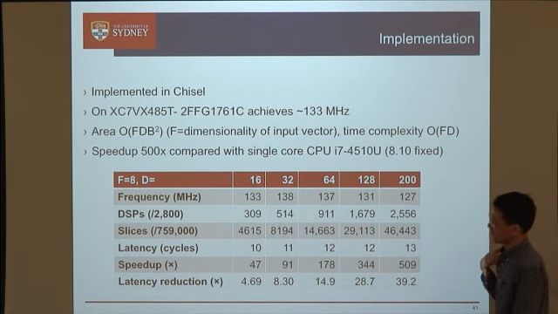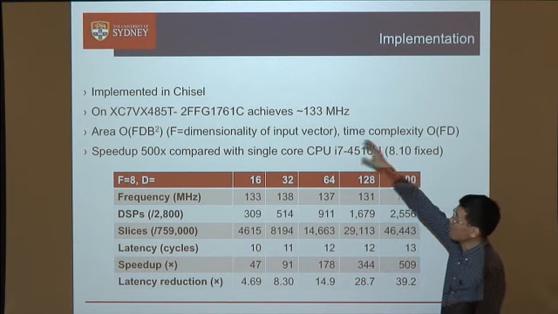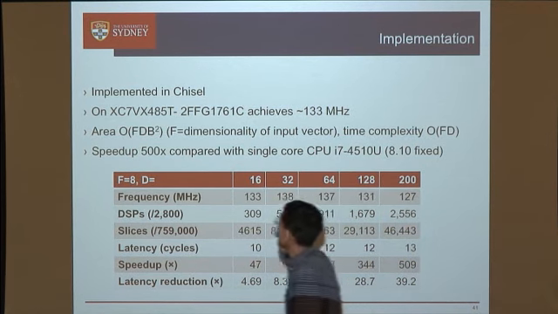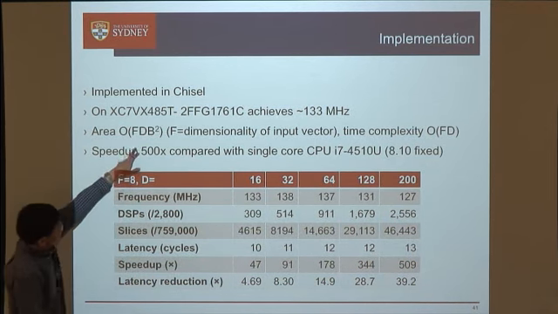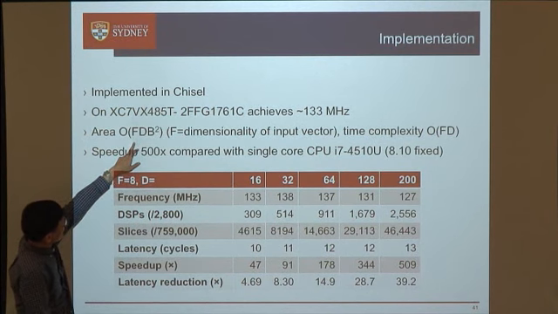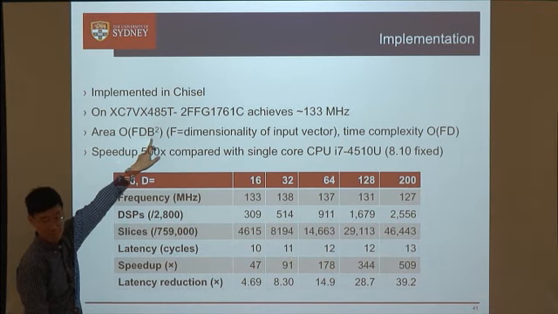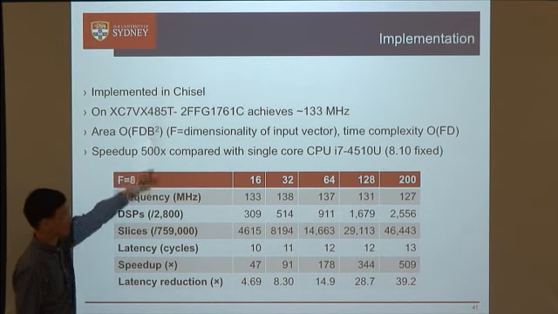And we basically used not a huge FPGA, and we can fill the FPGA. The area is kind of like the dimensionality of the input vector times the dictionary size times the word length squared.